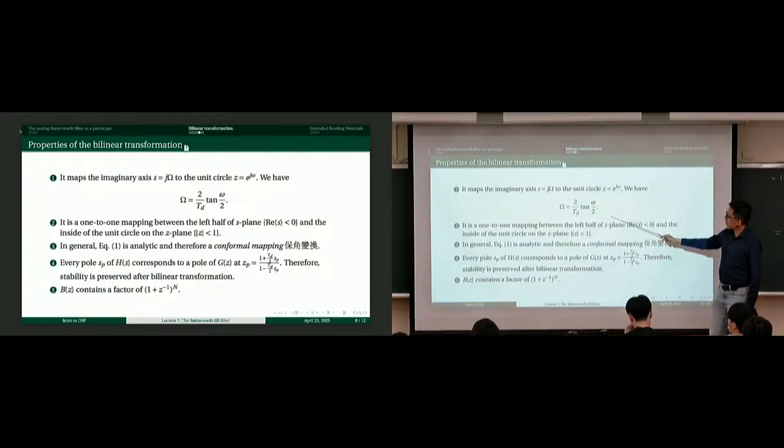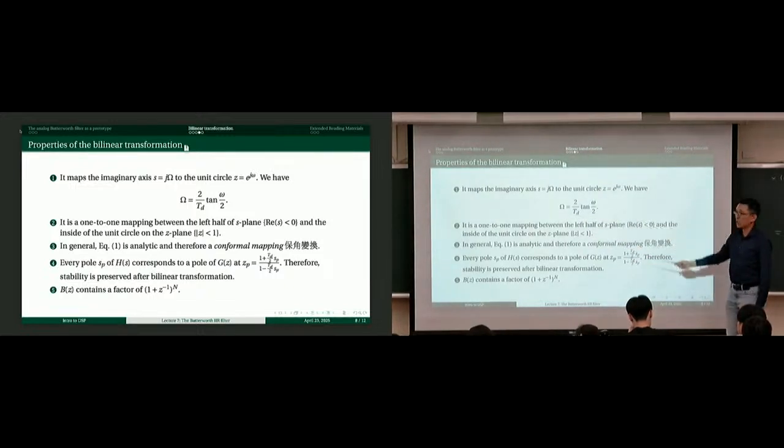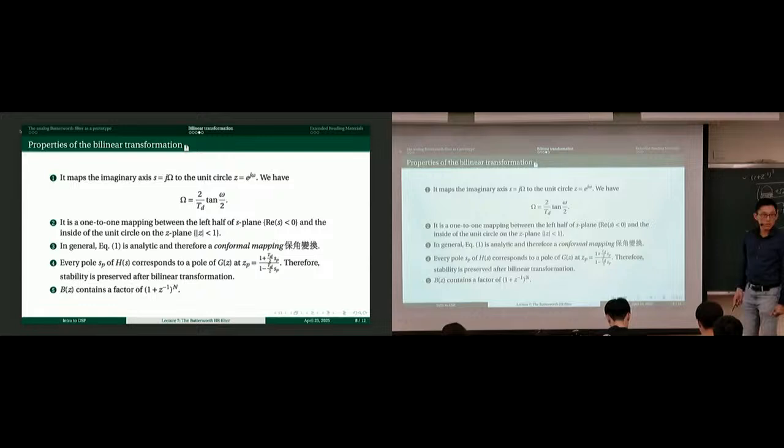I believe we did this derivation last Thursday, in both the Chinese and English sessions. Big omega is radians per second, and small omega is the omega in the DTFT. There is this relation.